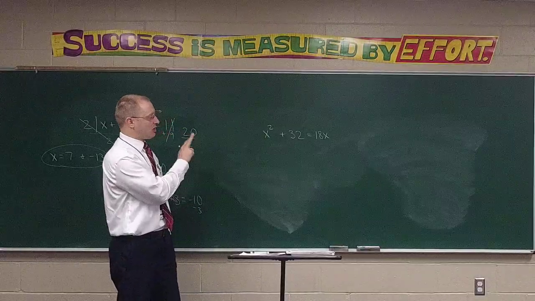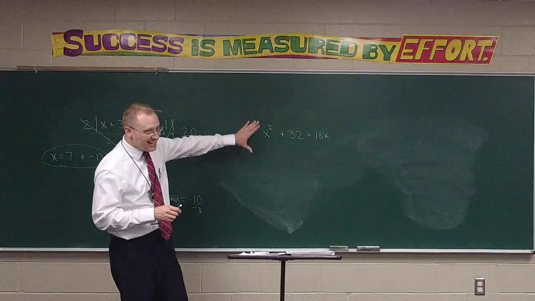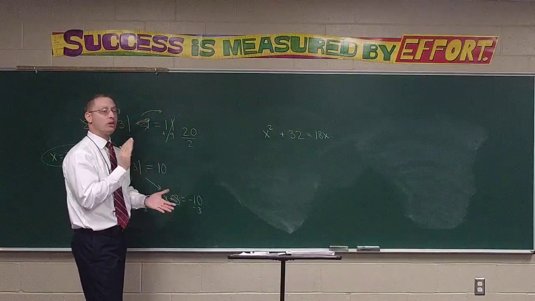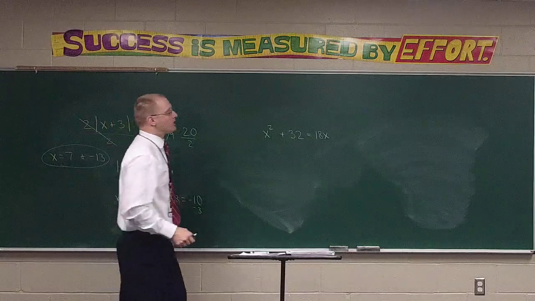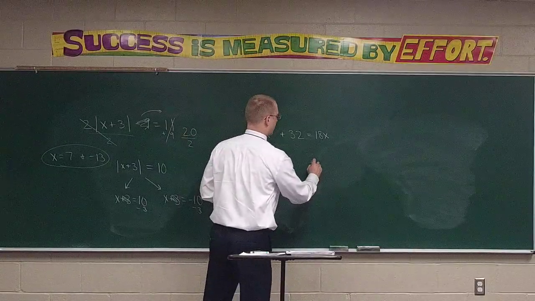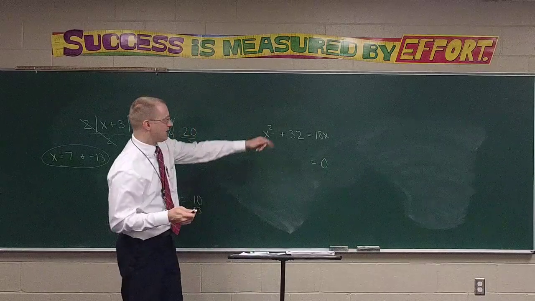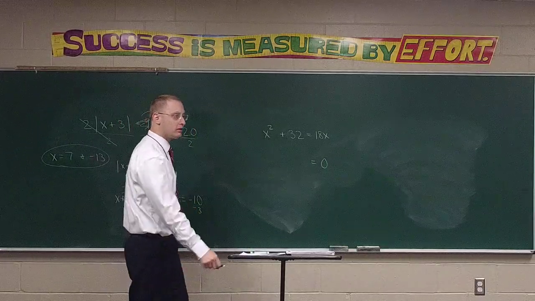But the key to the absolute value equation, or the absolute value, that's a lot. Rewind. The key to a quadratic equation is to set the whole equation equal to 0. Now, whatever side the x squared is on, assuming it's positive, that's not the side that's going to be 0. So we want to make this side 0, but it isn't 0, it's 18x. How could I make it become 0, Maddie?